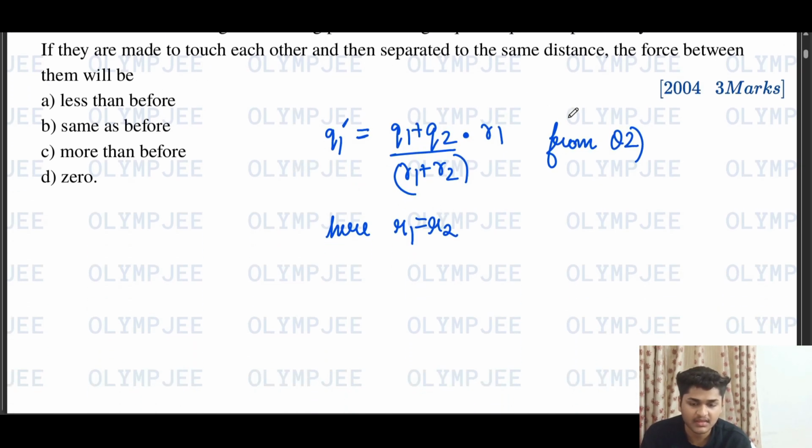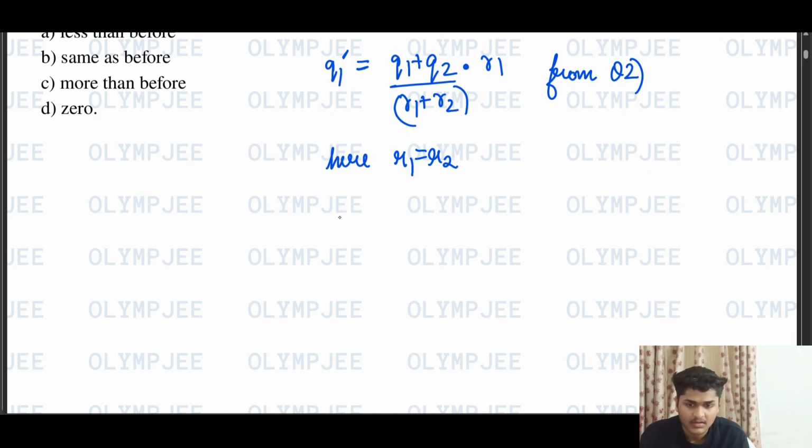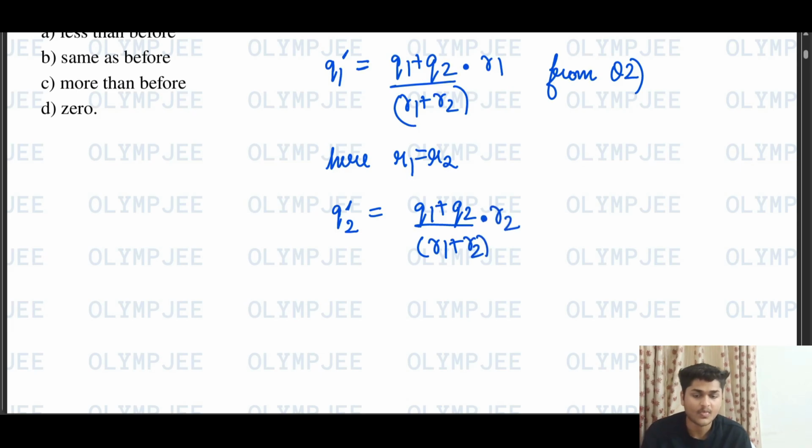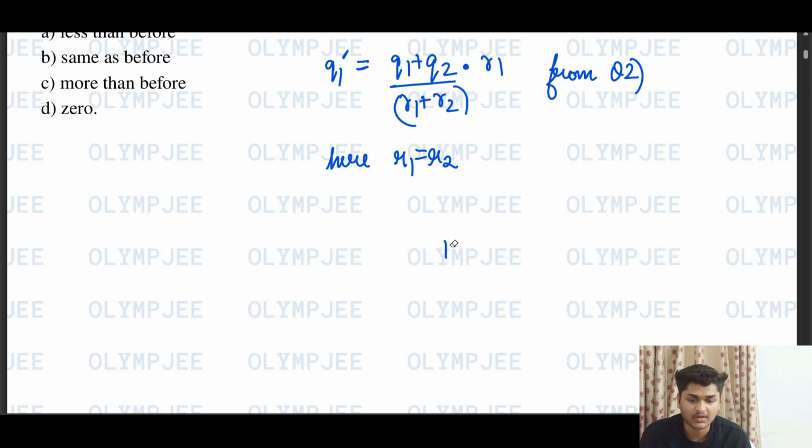So q1 dash will be this, and similarly q2 dash, by symmetry I am writing, q2 dash will be given by (q1 plus q2) by (r1 plus r2) multiplied by r2, but here R1 is equal to R2. So let me first write Q1 dash. Q1 dash will be (Q1 plus Q2) by 2, right? Because this will be 2R multiplied by R. So R will get cancelled, so by 2, and it is equal to Q2 dash.